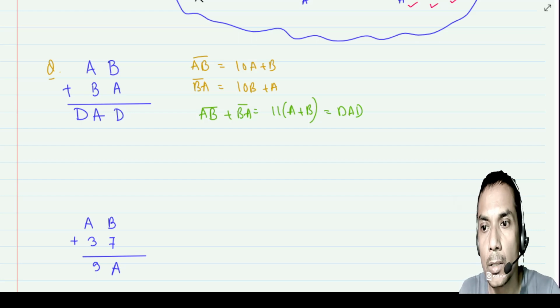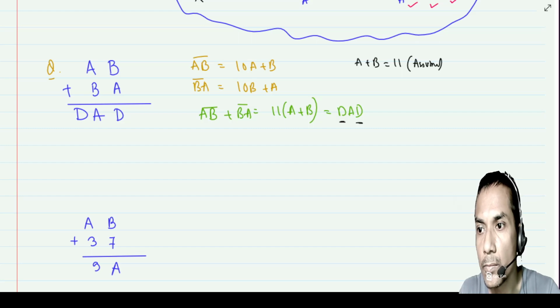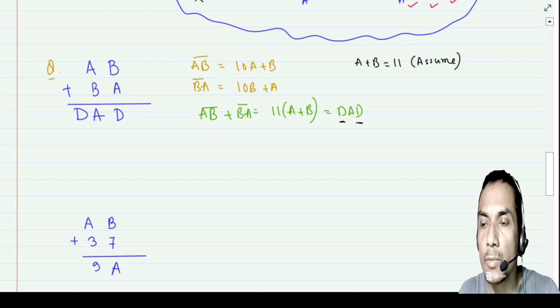Clear? So now, if it is a multiple of 11 and both sides have the same value, we can assume that A plus B is equal to 11.